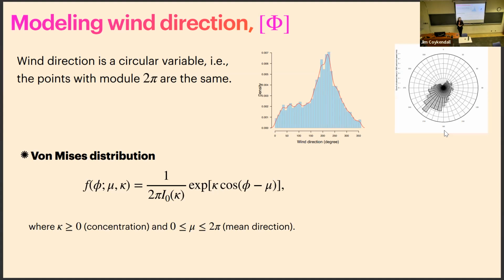We have two parameters here, where kappa is the concentration and mu is the wind direction. Another part that I want to point out is that a component of this distribution is the cosine function, and we know that the cosine function is periodic, so it's good for capturing the periodic property of wind direction.